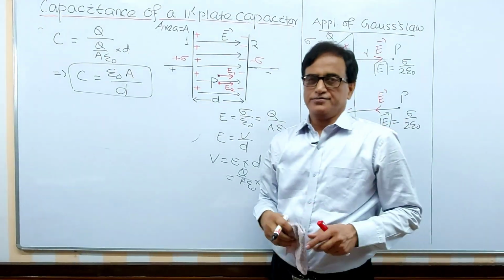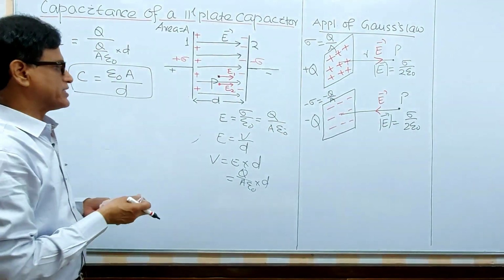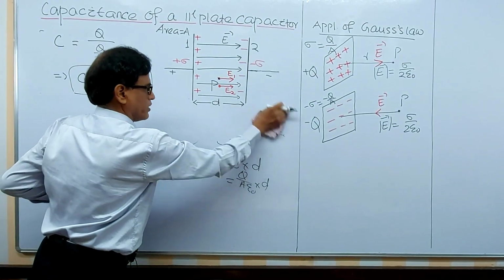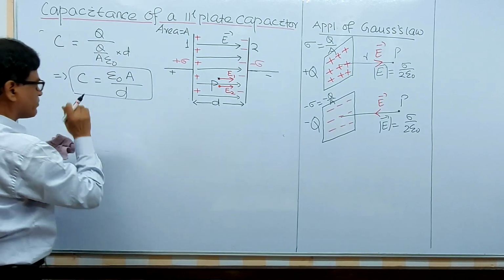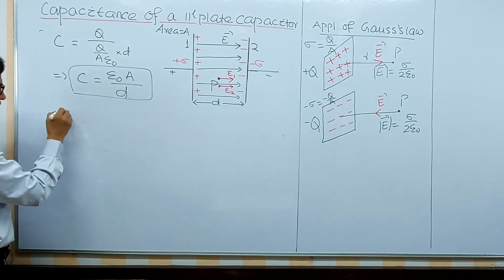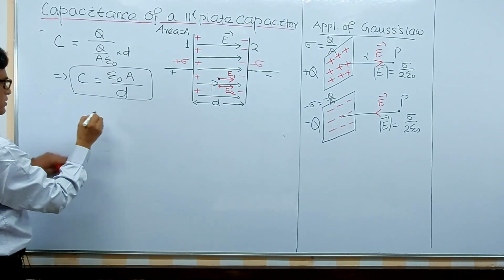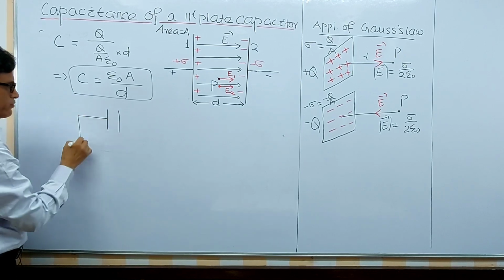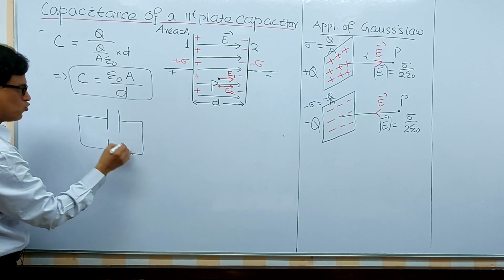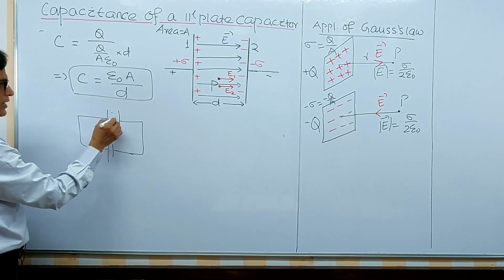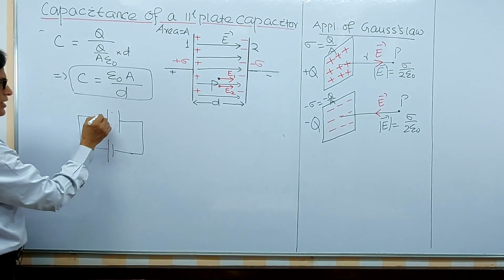At the beginning, whenever you have taken the capacitance, we have told that it is simply two conductors separated by an insulator or dielectric, and it is charged.